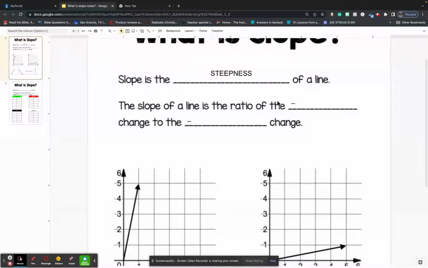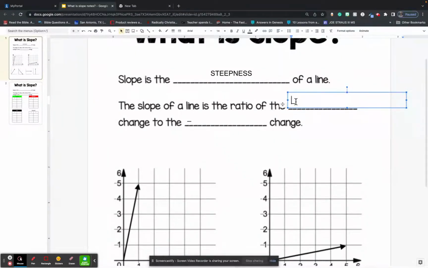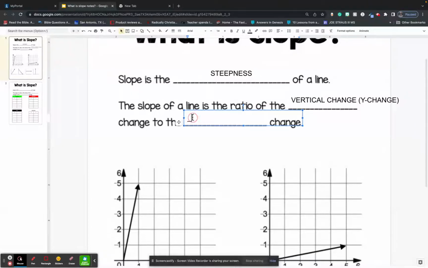So the slope of a line is the ratio of the change in y to the change in x. The vertical change, the y change, to the horizontal change.